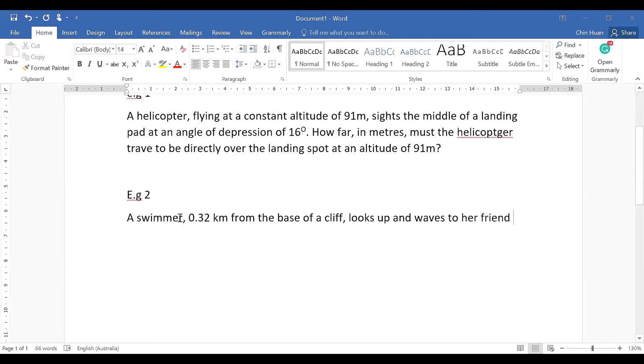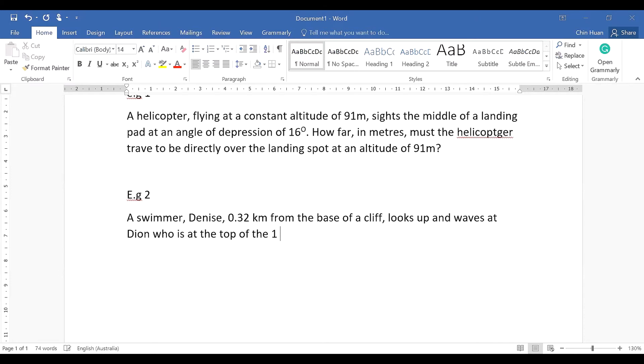Let's put a swimmer, Denise, 0.32 kilometers from the base of the cliff, looks up and waves at, I don't know, waves at who? Dion, who is at the top of the 110-meter cliff.